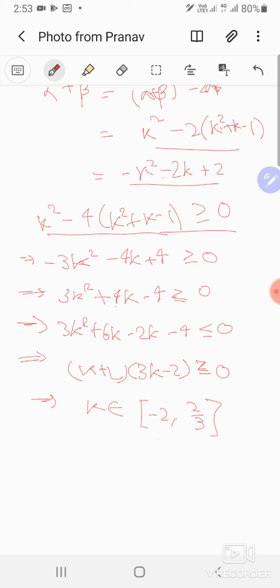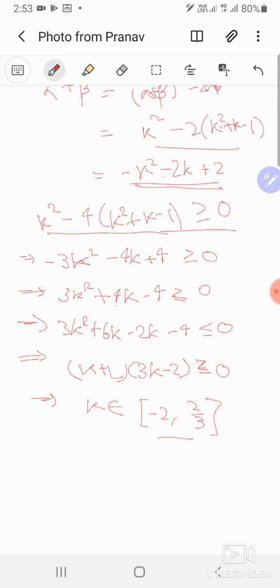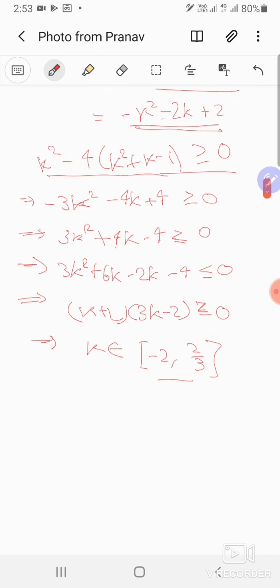And yes, minus 1 is in fact in this range. So the maximum value of this function occurs at minus 1.